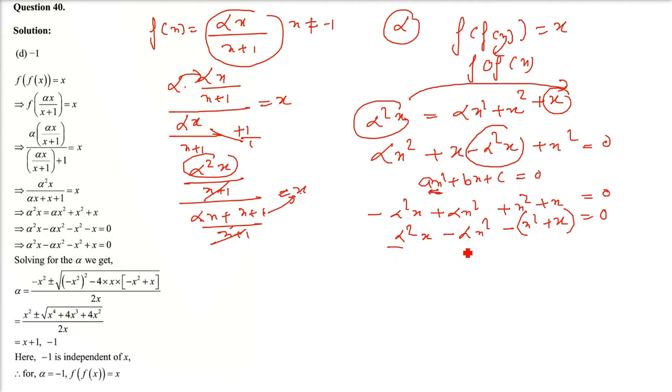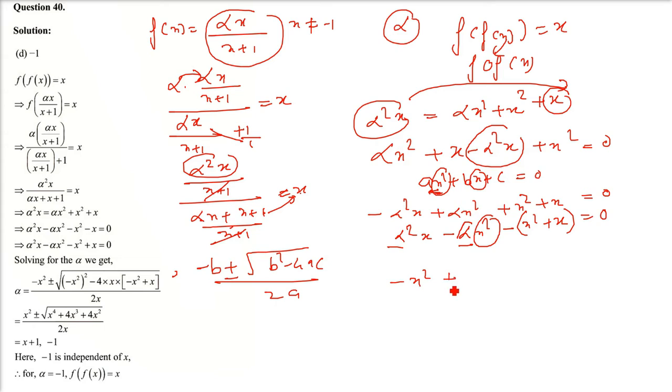Okay. Now alpha square is x square, alpha is x. So we'll use the Sridharacharya formula, which is minus b plus minus under root b square minus 4ac by 2a. What is b here? B is minus x square. And minus of minus b is, because minus b is minus x square, and since it is minus b, this negative will cancel out.